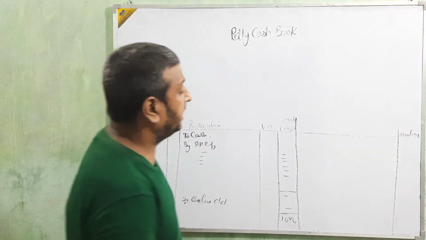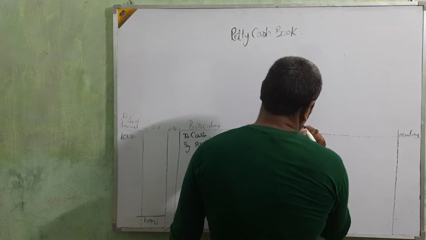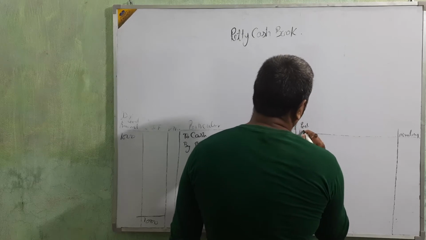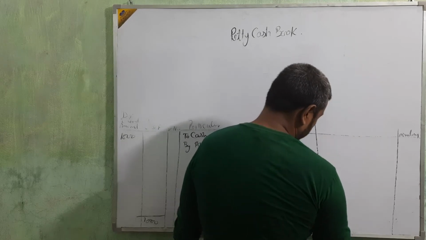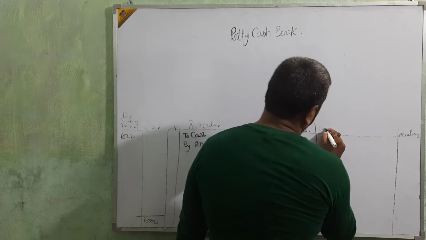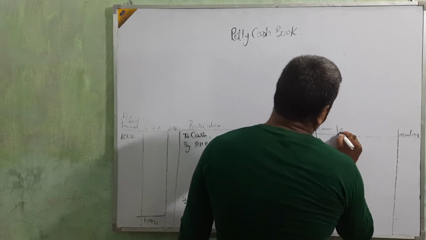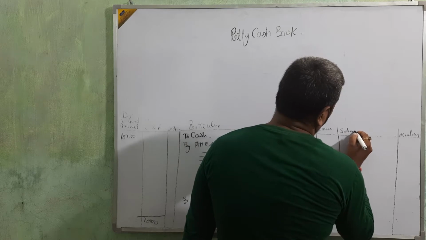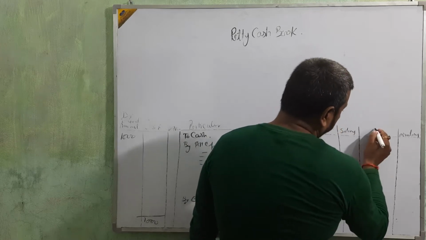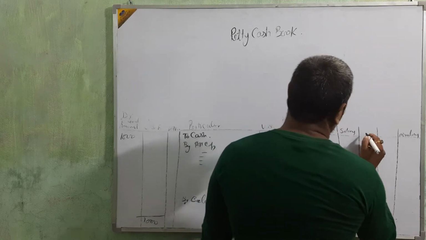Okay, beta? It depends on all the expenses. Maybe you will make columns for postage and telegram, conveyance, stationery, wages, cartage. It always depends on you.